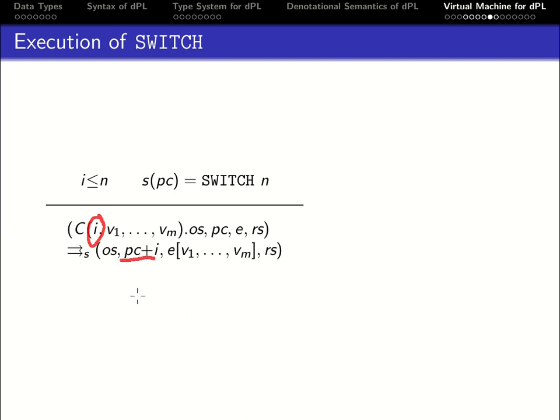We just go to PC plus I. It's an indexed jump. These instructions are available. There exist even more general instructions at the level of the processor, because you can jump to the address contained inside any register. I can take a register, do some computations with its contents, and jump to whatever is inside.